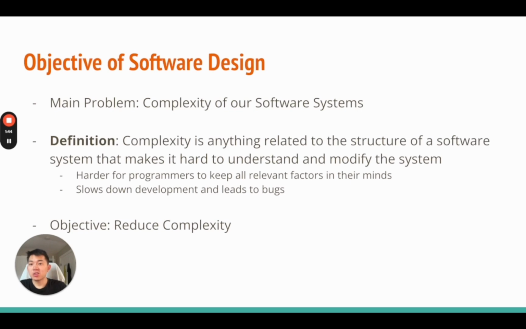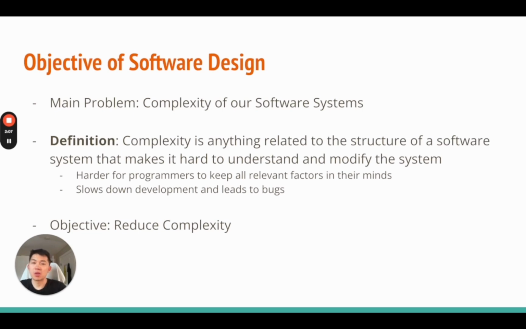As we mentioned, according to the book, the main problem with software systems is their complexity. The author defines complexity as anything related to the structure of a software system that makes it hard to understand and modify.